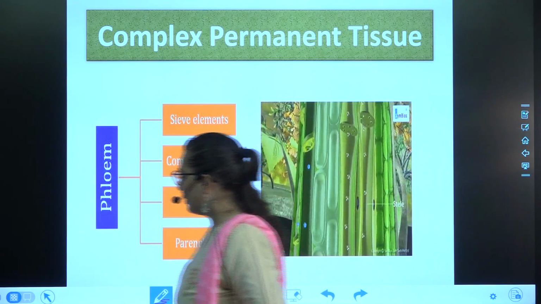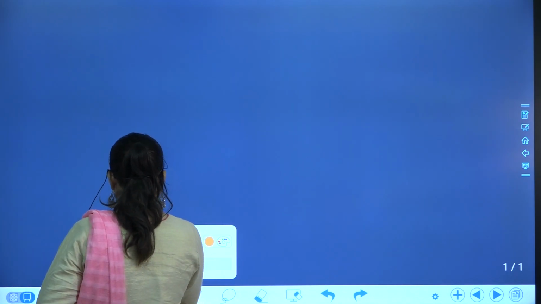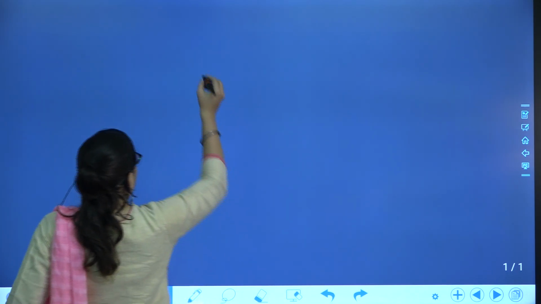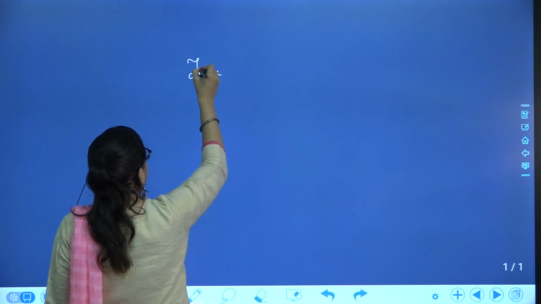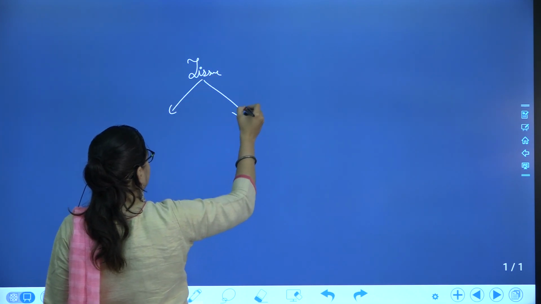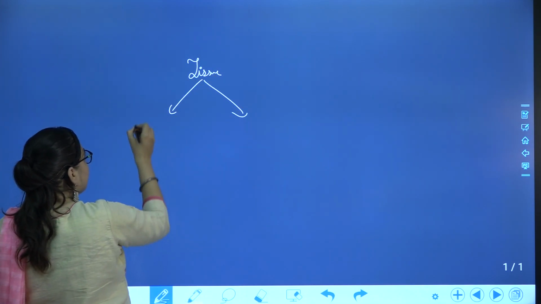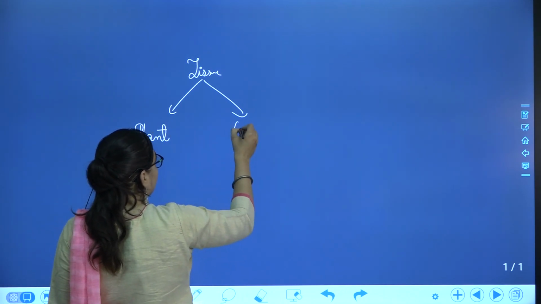Now coming to the basic classification once again. We have discussed what? Tissue. In that tissue we have discussed 2 types. One is plant tissue, another one is animal tissue.